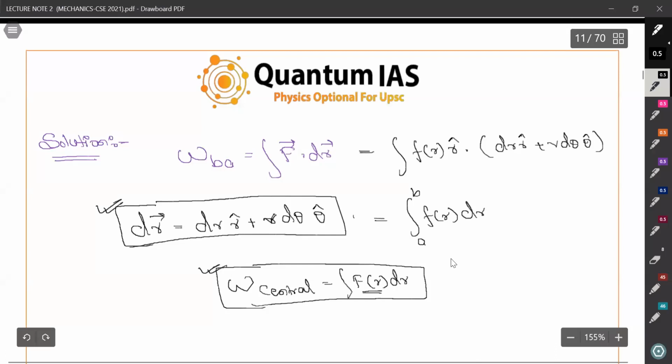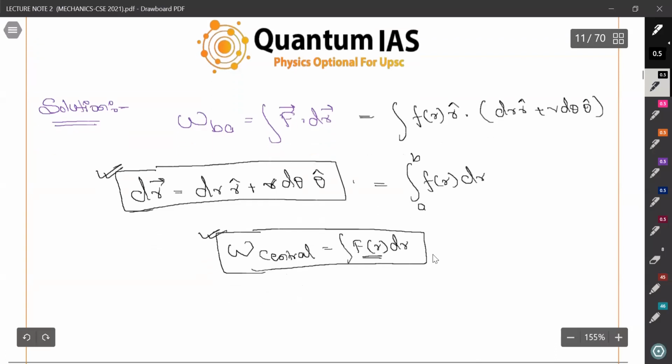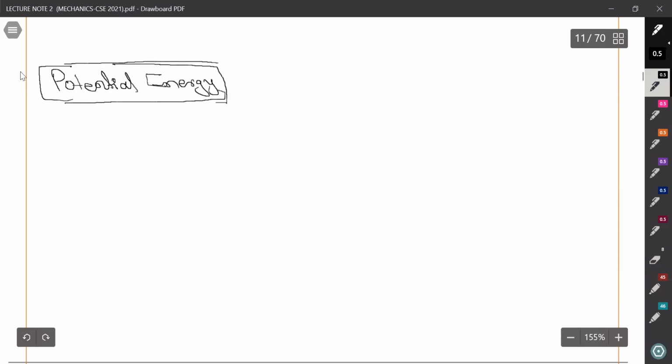Okay, now let's quickly move on to the next topic, that is conservation of energy. But before studying that, I need to define potential energy. So what do we mean by potential energy?